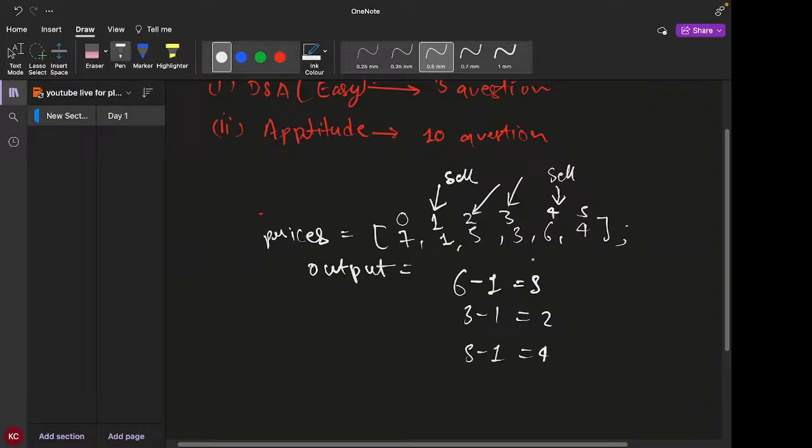The profit that I got, this is the time when I buy here.